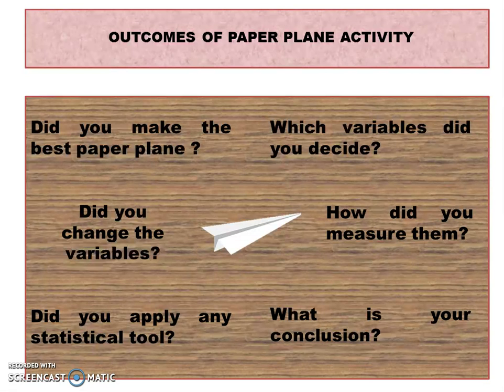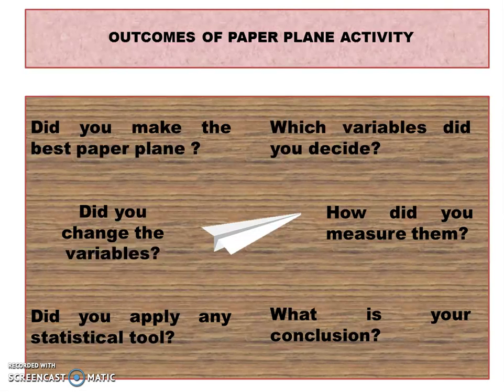Third, did you change the variables, and how did you change them? Suppose you changed the length of your shaft or the length of the wings, then after changing, how did you measure them? Did you keep a record of the different models, what time they were in the air or how much height they could reach? So how did we measure them?